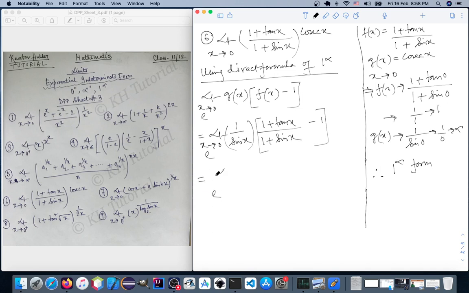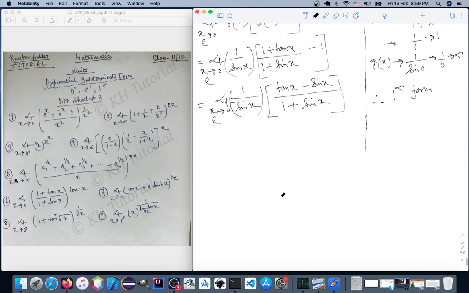This becomes limit x tends to 0 of 1 by sin x into tan x minus sin x by 1 plus sin x.